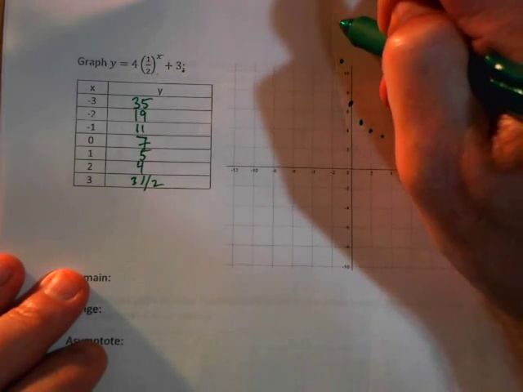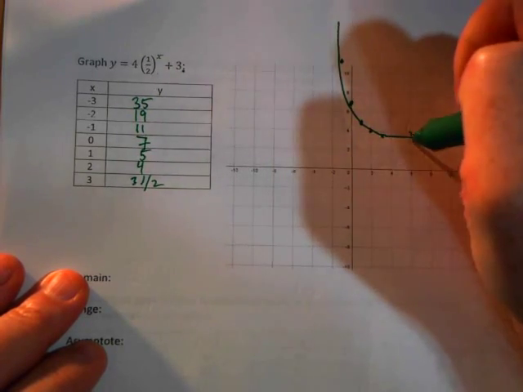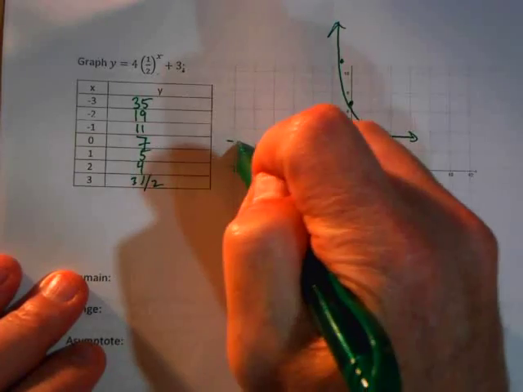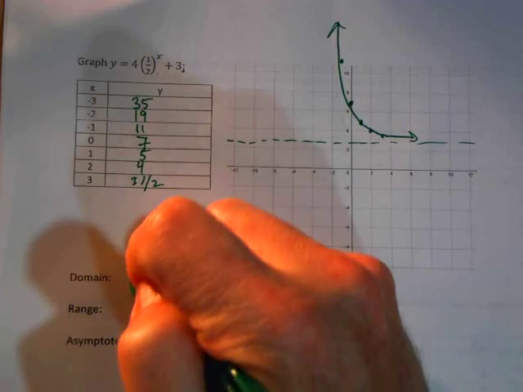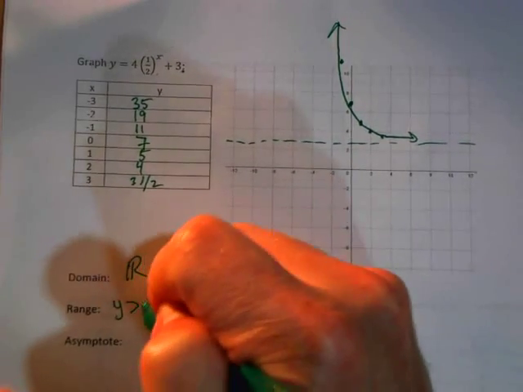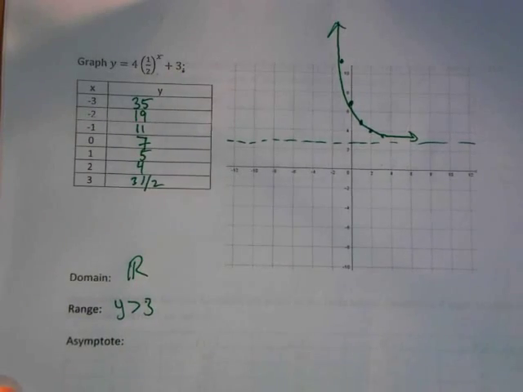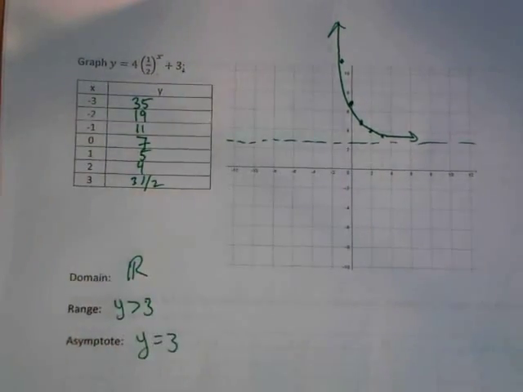We still have the exact same graph, the same exponential decay, simply shifted up 3 units. Which means our domain is still all real numbers. Our range shifted up 3 units, so y is now bigger than 3, which means our asymptote is y equals 3.